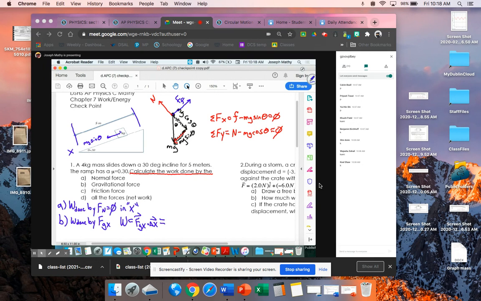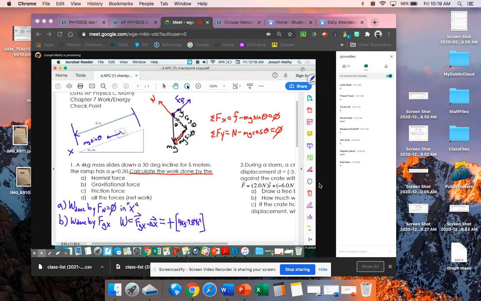And since the force is lined up with the displacement vector, we know this is going to be a positive work done. All I need is my mg cosine theta, so that's going to be 4 kilograms times 9.8. But I got to multiply it by sine theta.